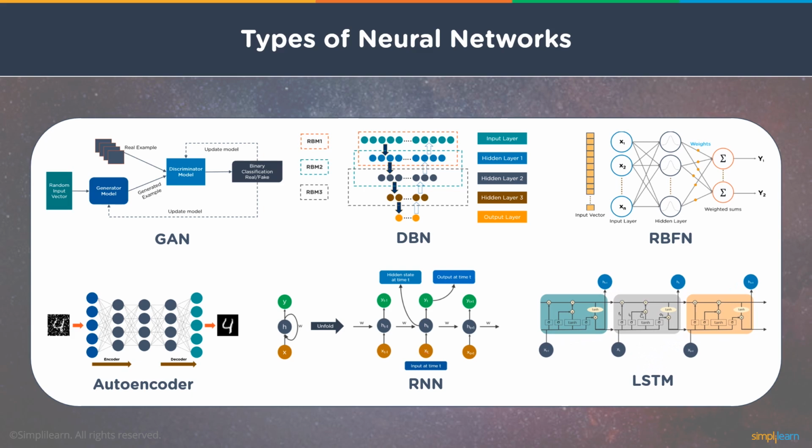And then we might look at the DBN, which is a deep belief network. And they're used to recognize clusters and generate image video sequences generally. And we have the RBF network, or RBFN, which is your radial basis function network, which uses a different set of activation functions to figure out which is the right weights.